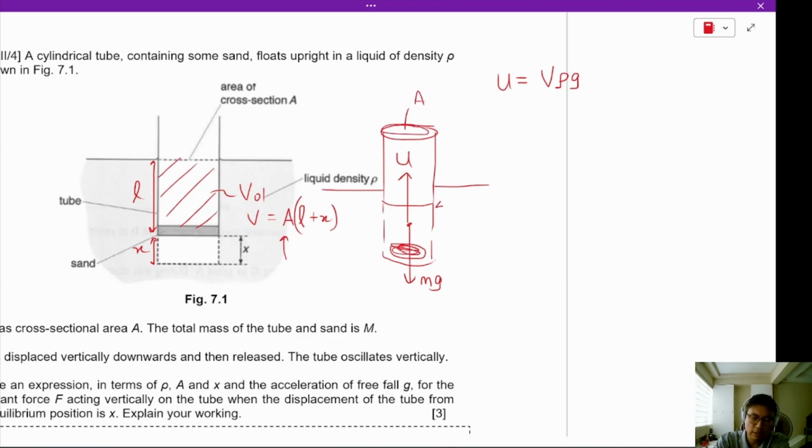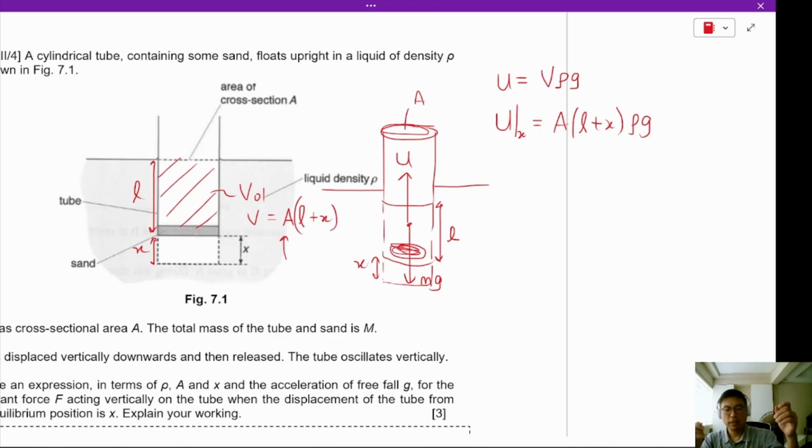This is the length of the tube that is inside the water. And when you pull it down a bit more, this is any additional length that is inside the water. So the upthrust at a displacement x will be equal to A multiplied by (L plus x) rho g. That's fine.